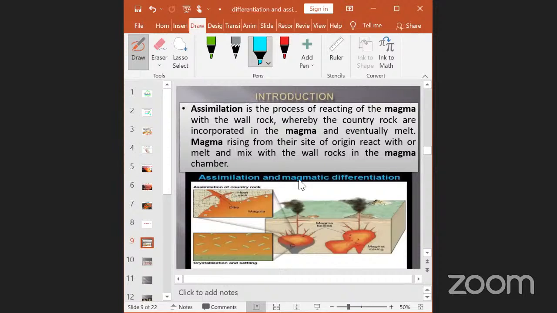So what is assimilation? Assimilation is the process of reacting of the magma with the wall rocks, whereby the country rocks are incorporated in the magma and eventually melt.